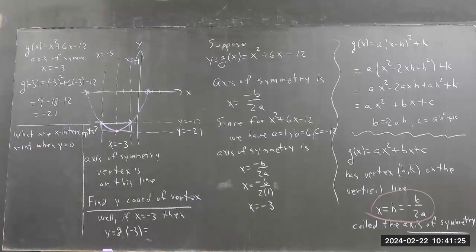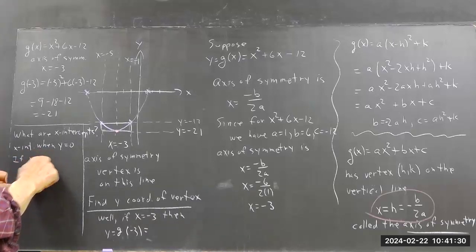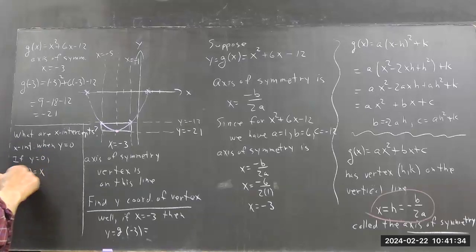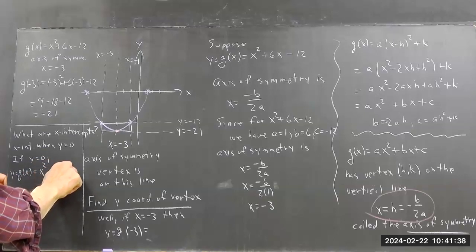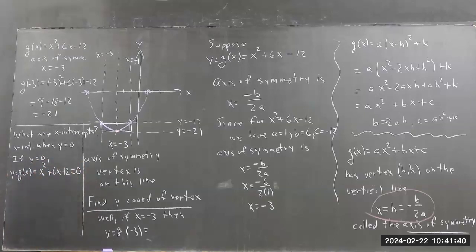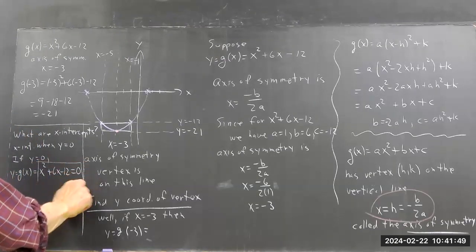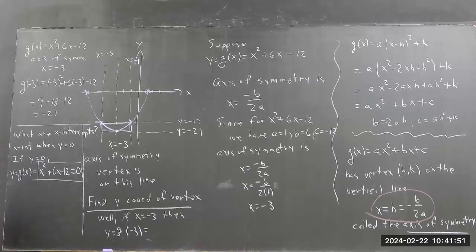The x-intercepts occur where y equals 0. Well, y equals g of x equals x squared plus 6x minus 12. So if y equals 0, we get this quadratic equation.